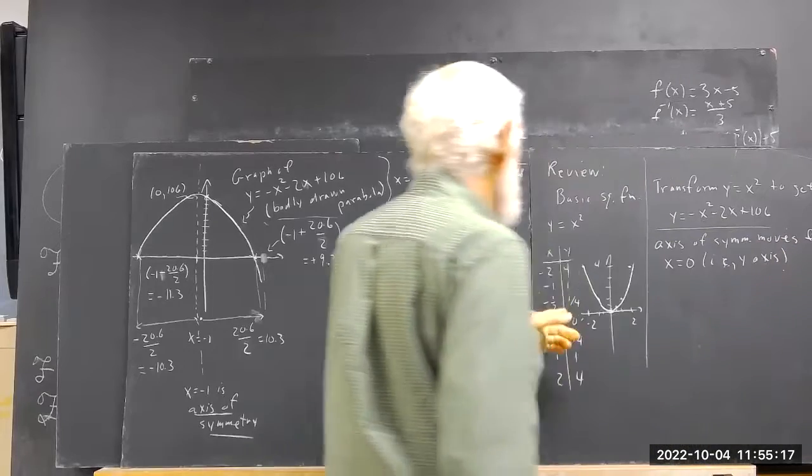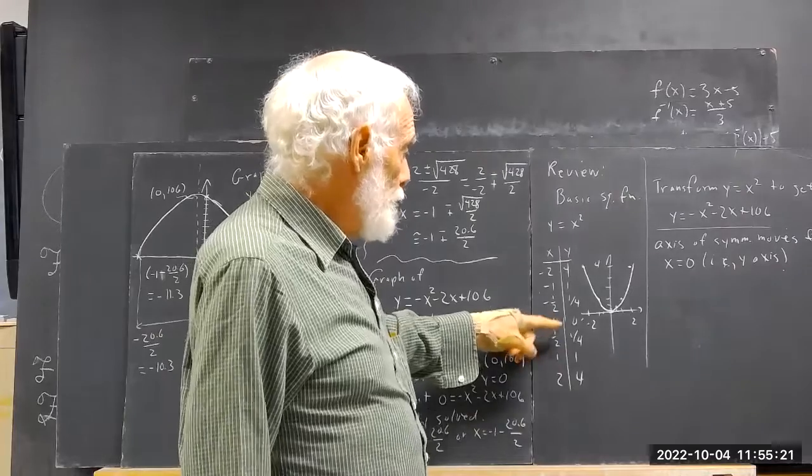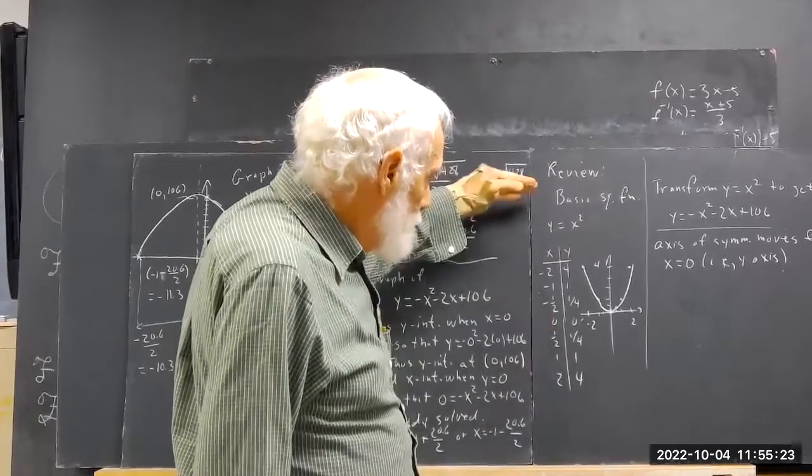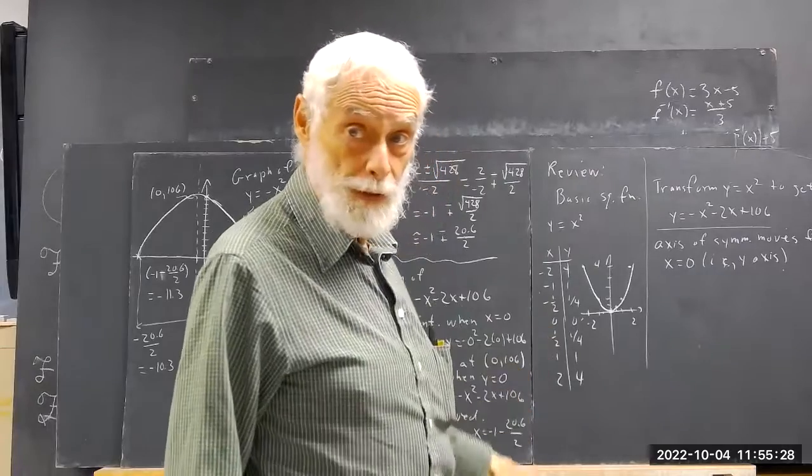The axis of symmetry here is on the y-axis. It's at x equals 0. Everything that happens on this side of x equals 0 is a reflection of everything that happens on this side of x equals 0.